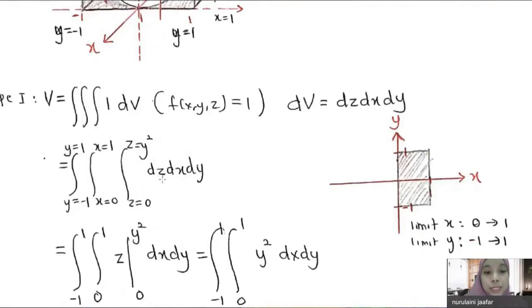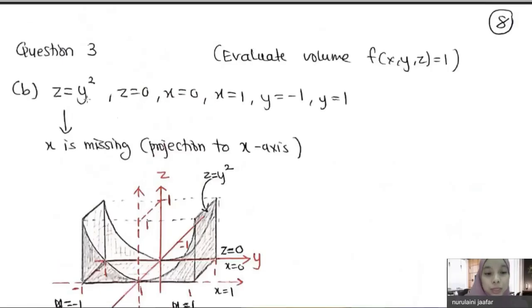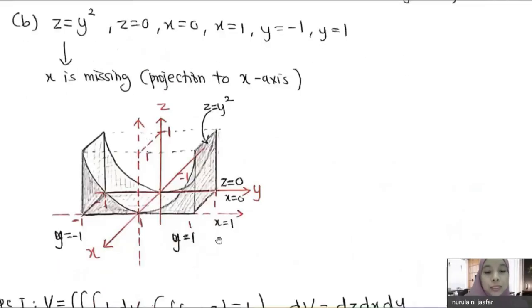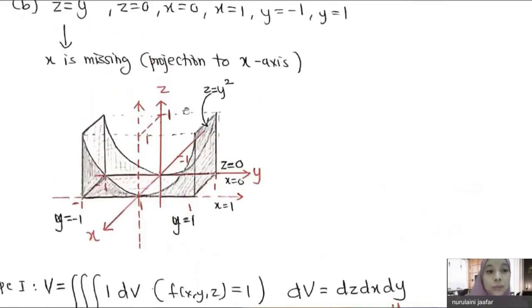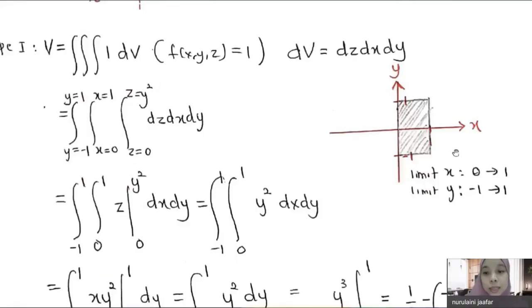And then how about dz? z starts from 0 until y squared. When we sketch the 3D, we get z equal to 0 until z equal to y squared. So actually class, from this question you can get the limits. You can sketch so that you can show your method.